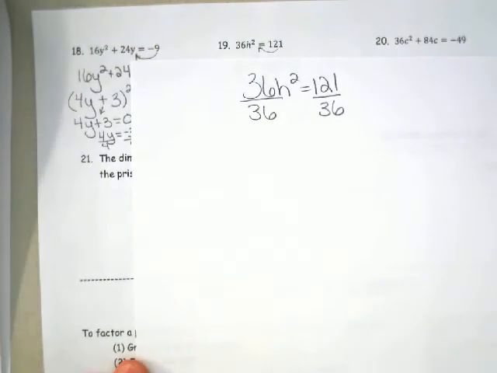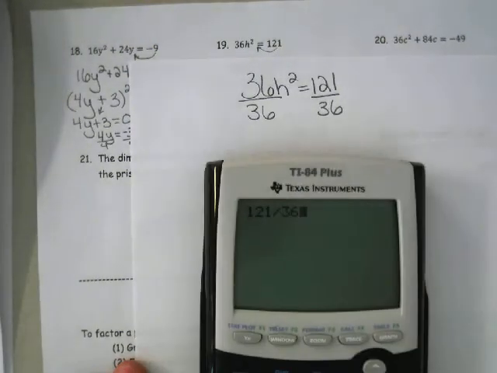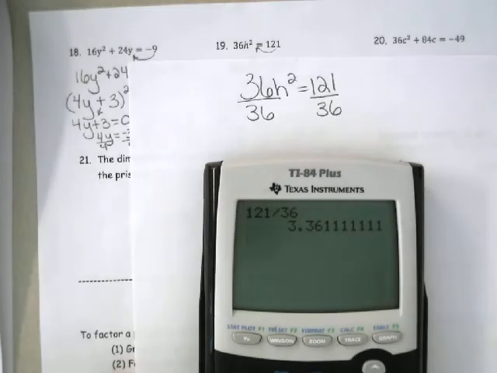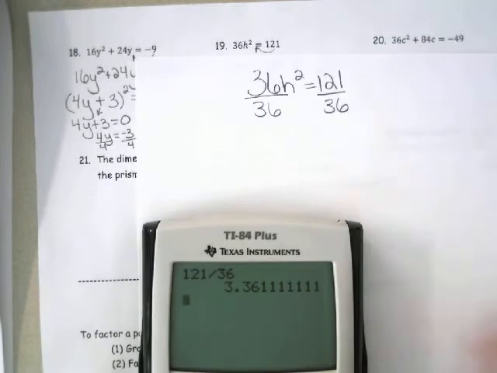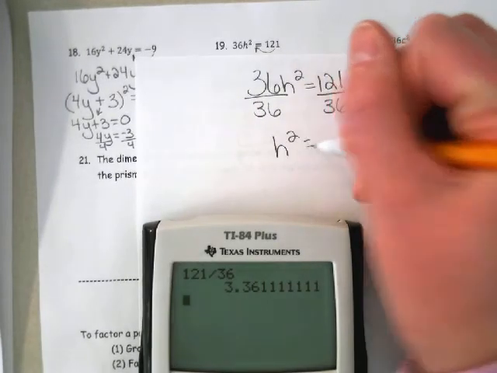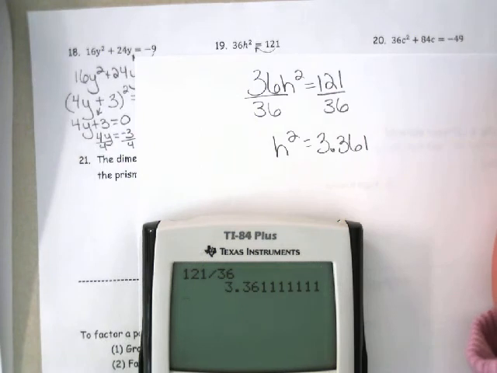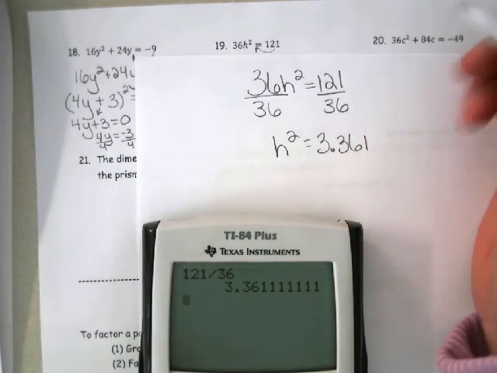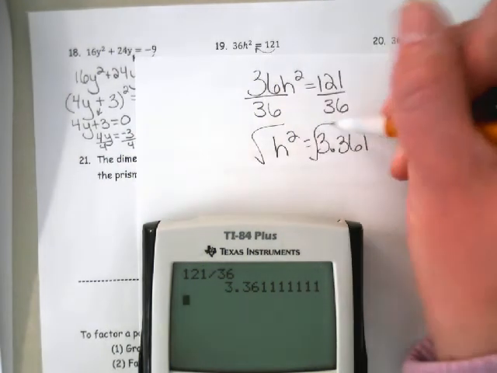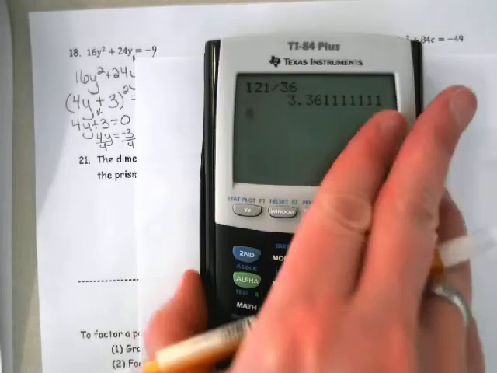Now let me show you the other way. Very similar to what we did on the front side. Because the 121 does not have a variable, we could divide off the 36. We just have to be really careful because when we divide by this, it comes out to be a nasty number.